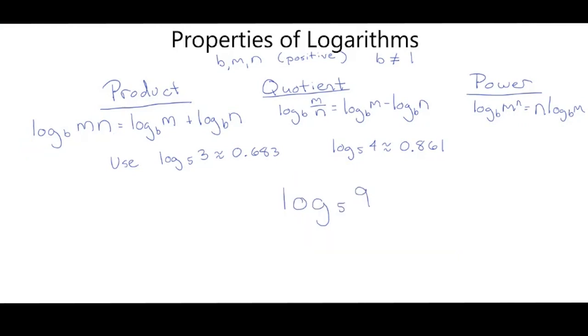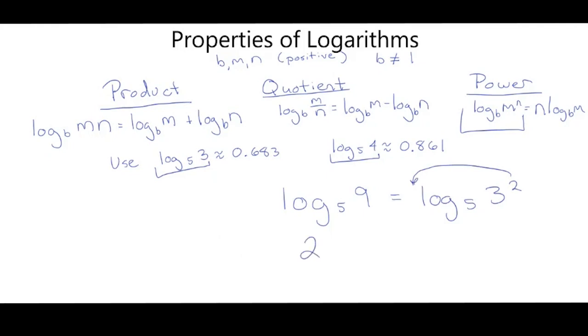So here I have log base 5 of 9. And I do not have a log base 5 of 9 here. But I know that 9 is 3 squared. So I can write this as log base 5 of 3 squared. And I do have the power property, so I can take this 2 and put it out front.